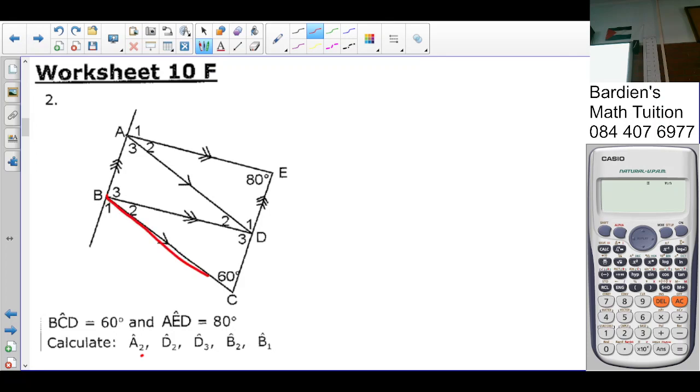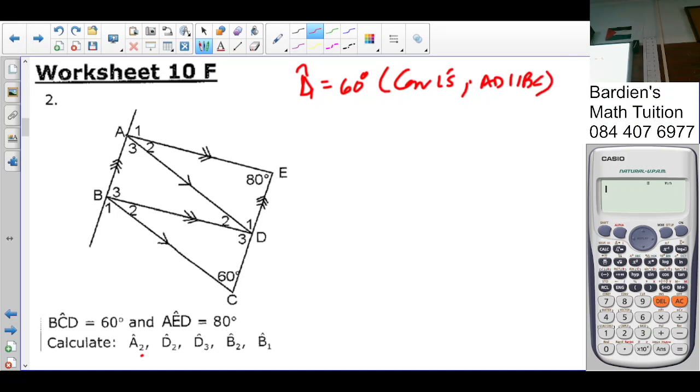Nice! Why? Corresponding angles, with AD being parallel to BC. You all got that?